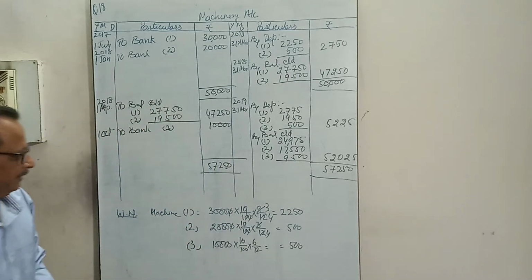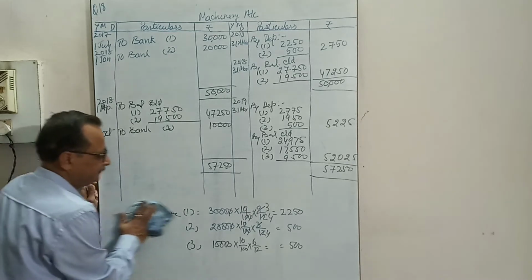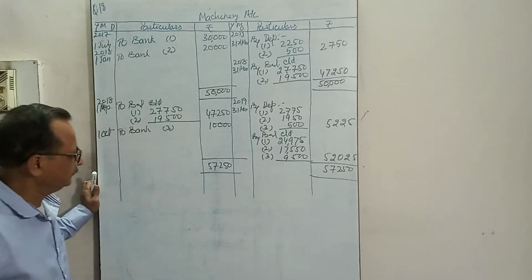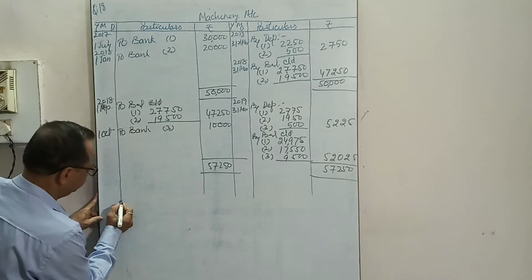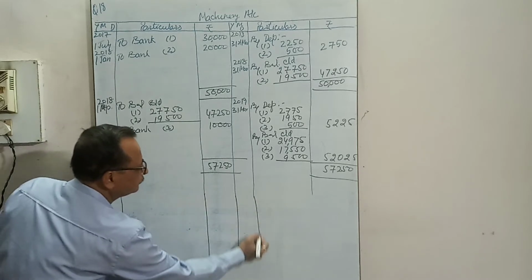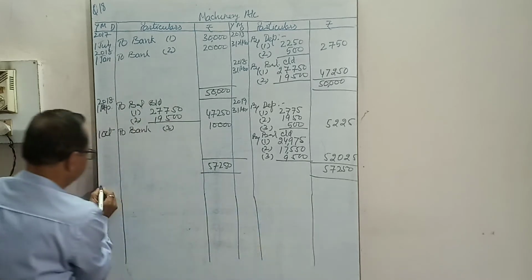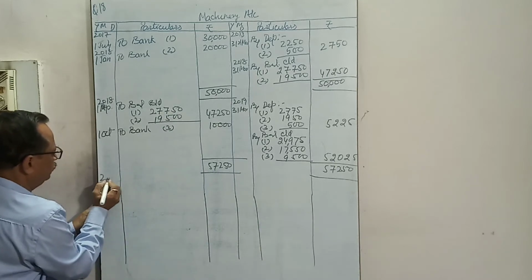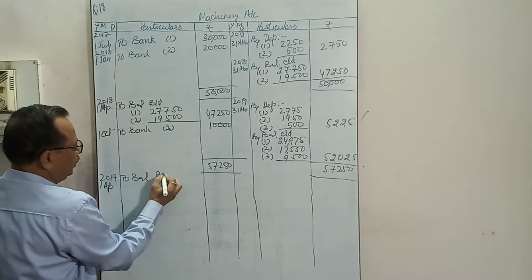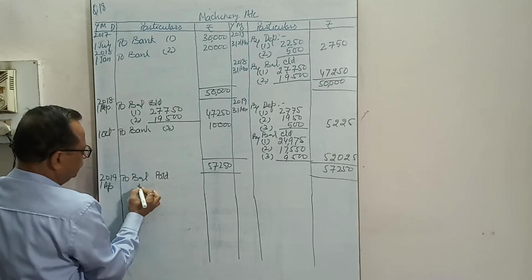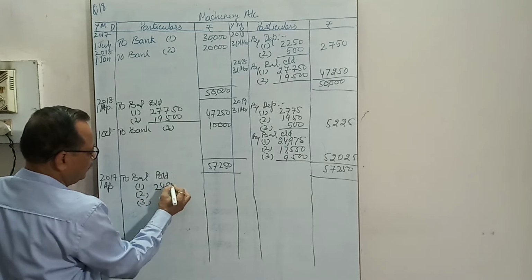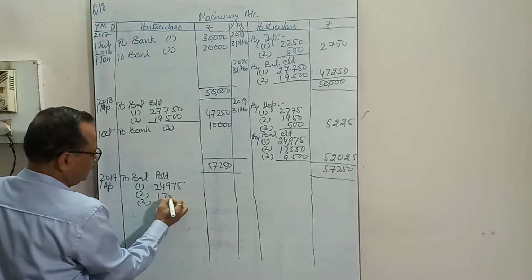This is the balance at the end of 31st March 2019. Now on 1st April 2019, balance brought down, number 1, number 2, number 3. This is brought down.